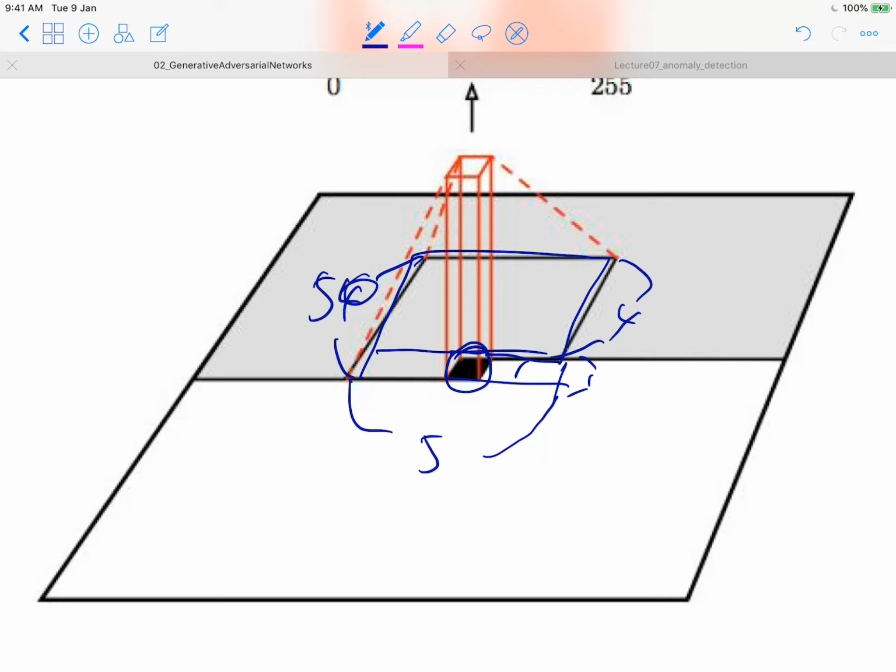So we have 20 pixels over here and 2 pixels over here, so using 22 pixels and assigning a particular linear combination coefficient to generate this particular activation value.